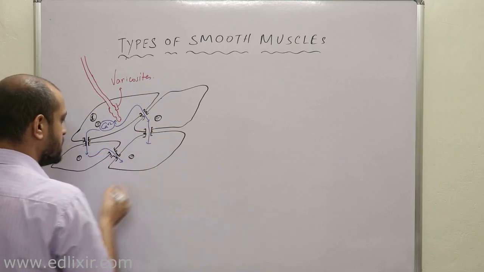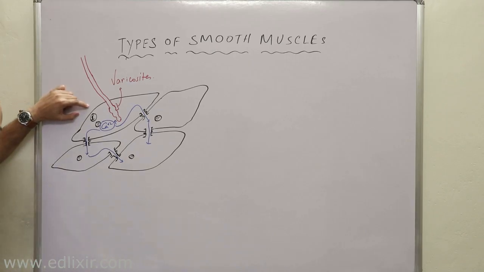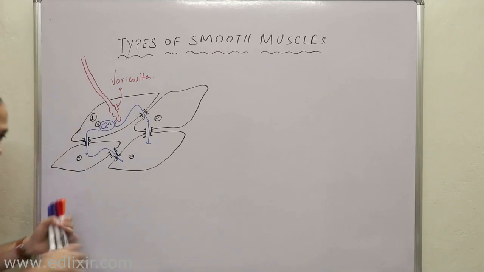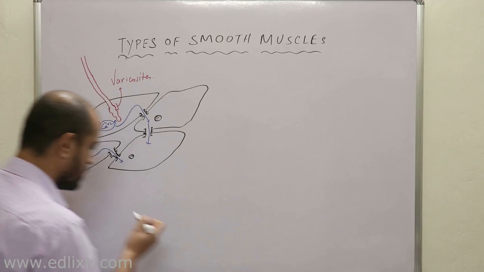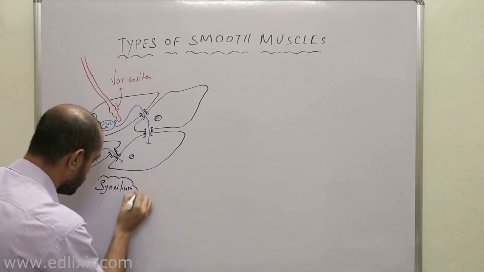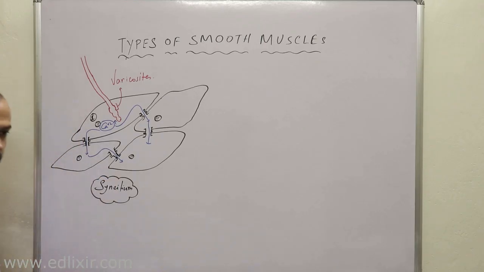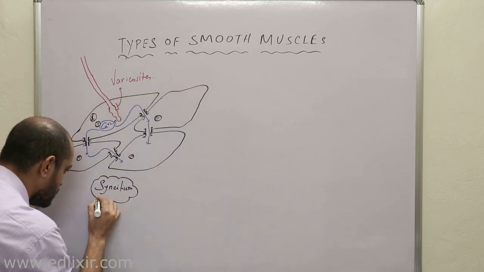That means in case of this type of smooth muscles, if you depolarize a single cell, then all other neighboring cells act as a syncytium, okay? Connected units, syncytium, okay?